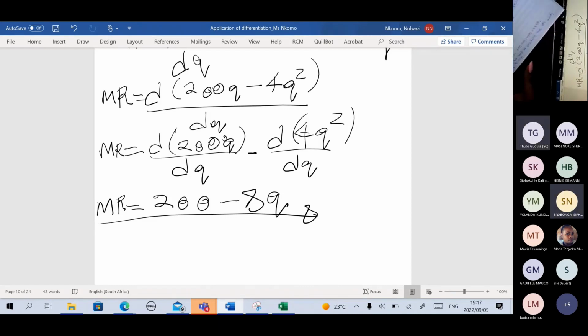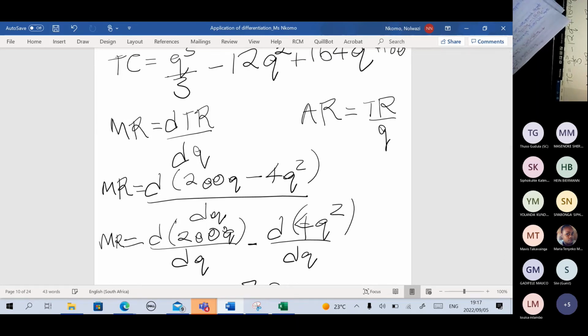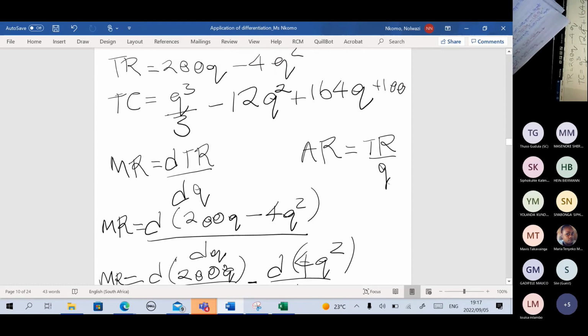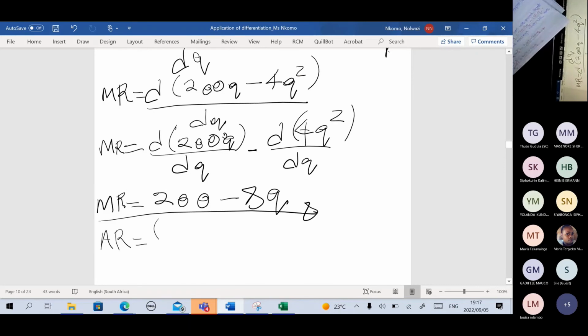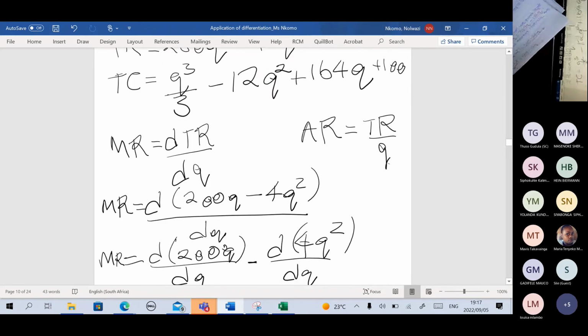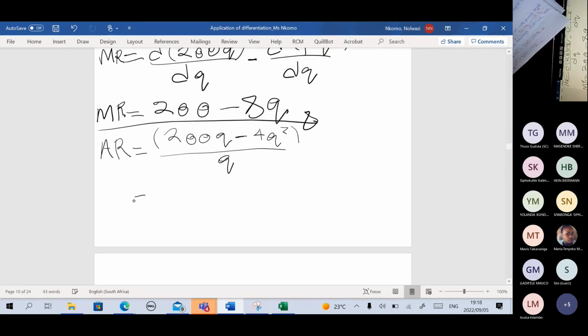And we were asked to find average revenue. We said the average revenue is equal to the total revenue divided by Q. So our average revenue is equal to the total revenue, which is 200Q minus 4Q squared, divided by Q. This means our average revenue would be 200 minus 4Q, right?